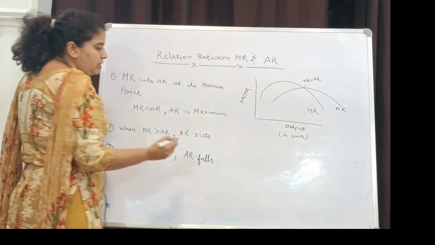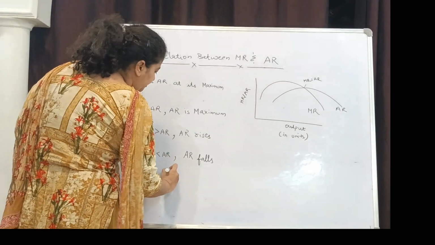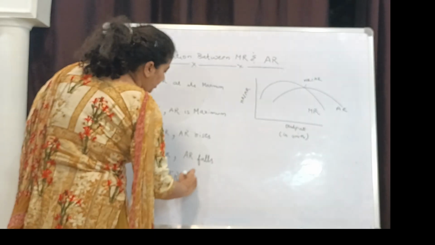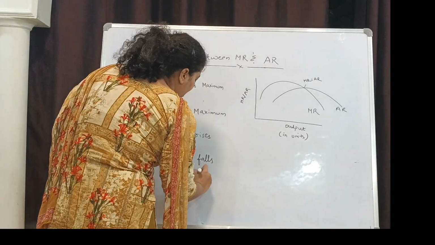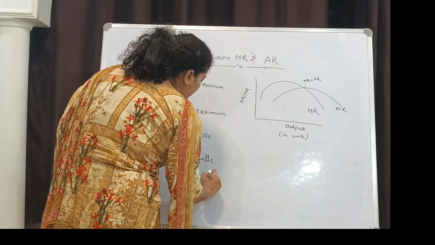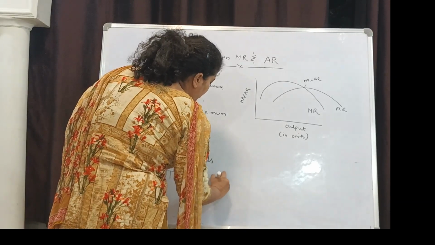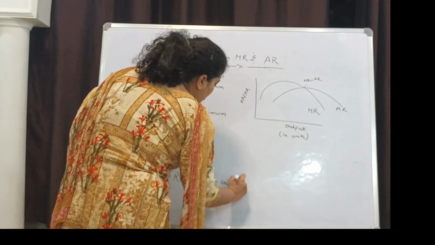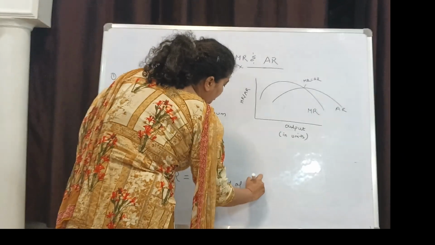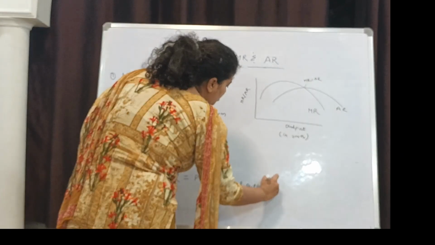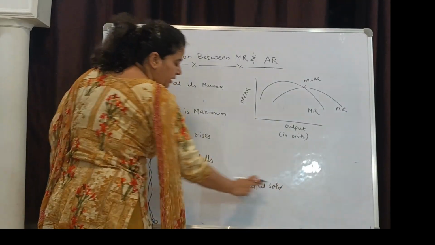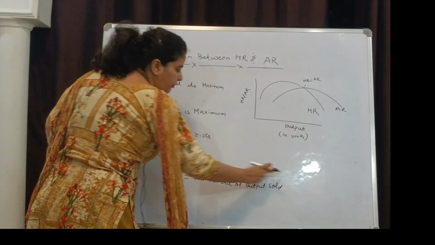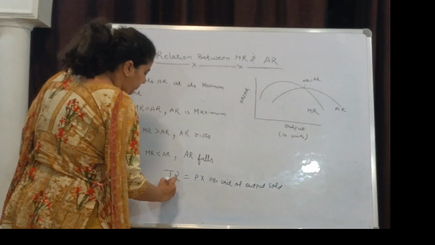So we have discussed total revenue. Total revenue is P into per unit of output sold, or the total money receipt of the firm after selling total output.